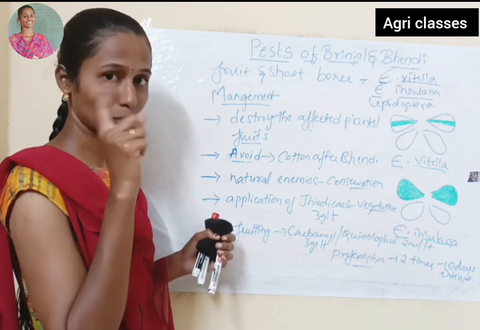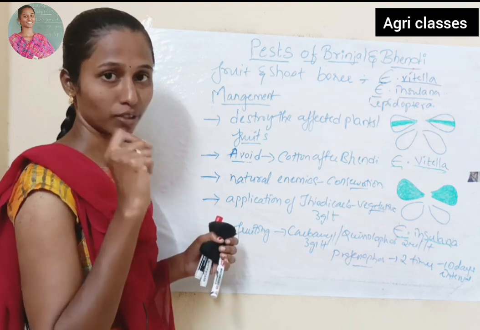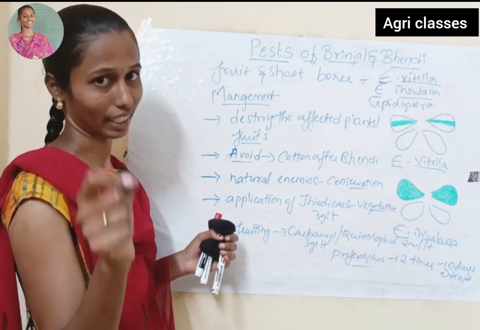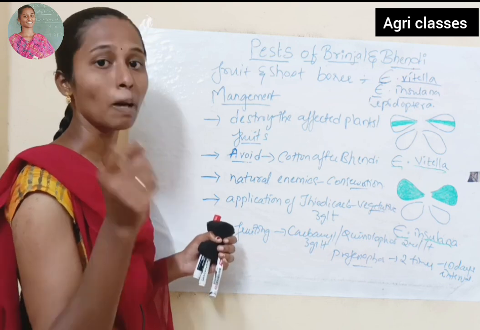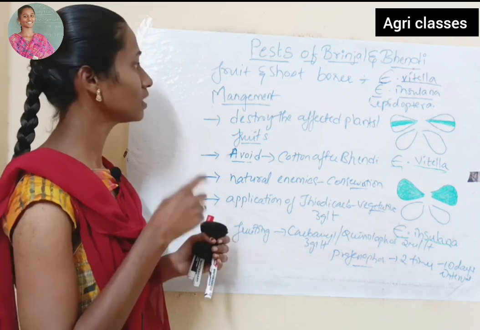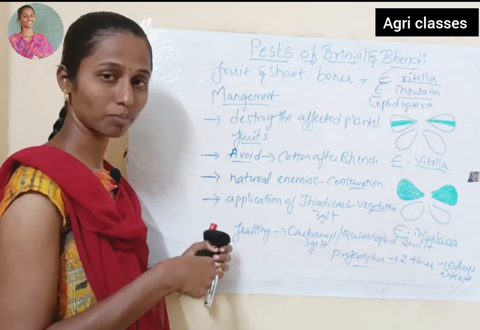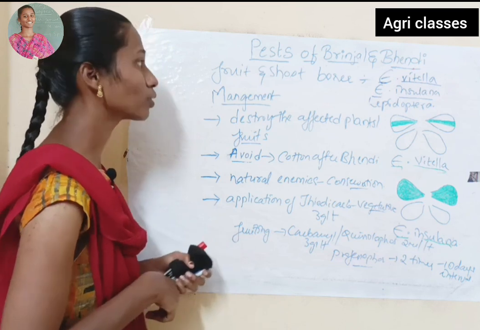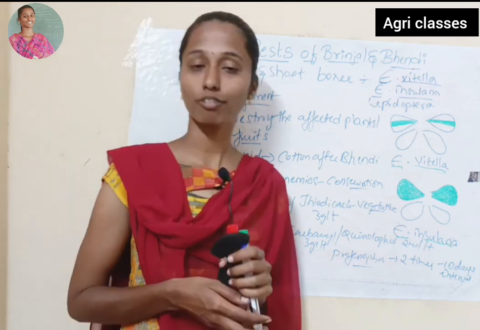So please add that point to Brinjal shoot and fruit borer management. Erecting pheromone traps, 4 per acre, is the most important management practice for control of Brinjal shoot and fruit borer. Here we can also use pheromone traps for the control of Earias vitella and Earias insulana. So these are important management practices for bhendi fruit and shoot borer.